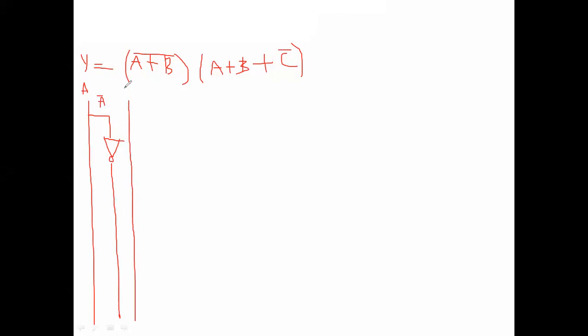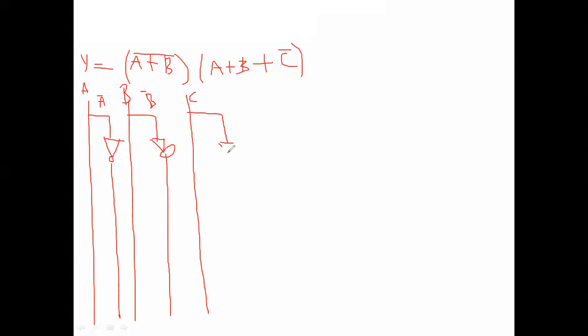Next, this line is for B. For this, if you connect a NOT gate, this is B bar. Next C. This line is for C variable. So this is C bar.